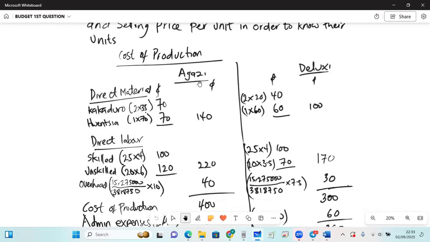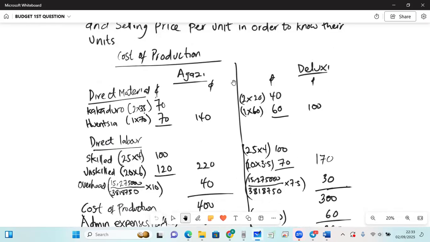And when we are to produce agazi, we use 35 kilograms. So 2 times 35 kilograms is going to give us 70 cedis. Now, Hintia as well costs 1 cedi, and we use 70 kilograms of Hintia when we are producing agazi. So 1 times 70 is going to give us 70. Now, when we add it, our total direct material cost per unit here is 140.